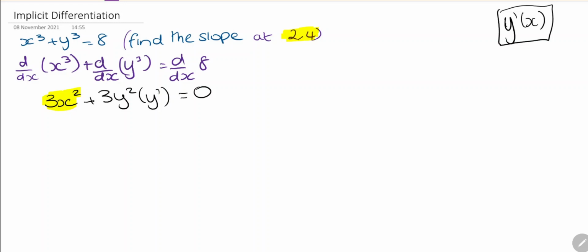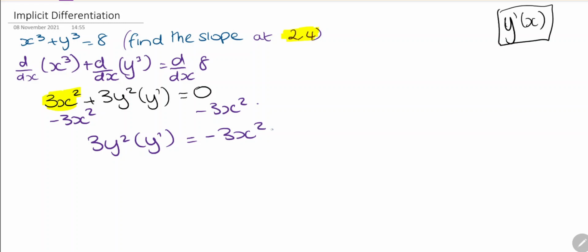So we're going to subtract 3x squared from both sides. So this will cancel our terms, and we're left with 3y squared, and the derivative of y is equal to minus 3x squared. And I think what I'm going to do, I'm going to add this x in here. So let's just do that.